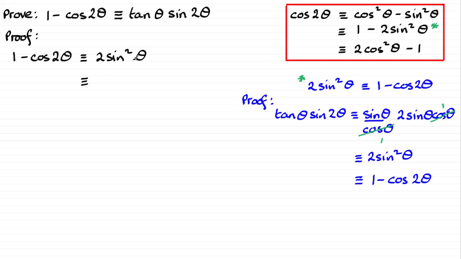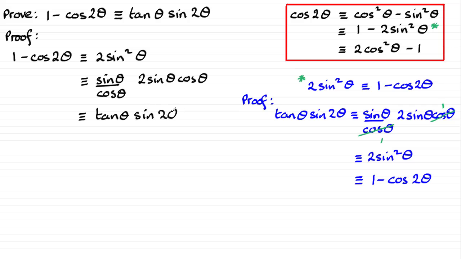Well, all I've got to do is just set this up as this statement here. Sine theta over cosine theta, and just put the 2 sine theta cosine theta in here. And we can see straight away then that this is tan theta and this is sine 2 theta.